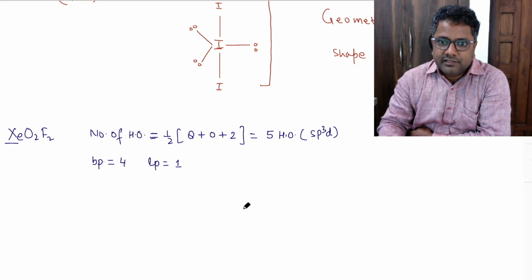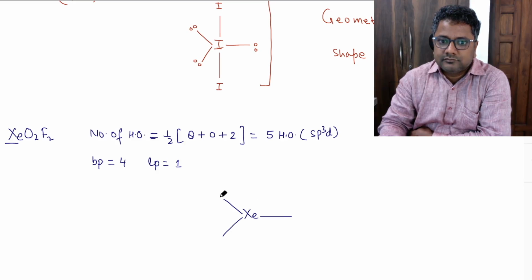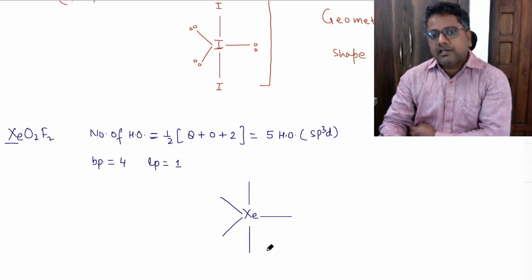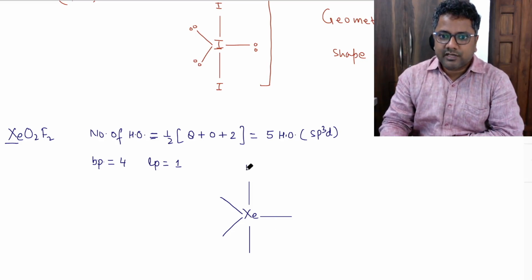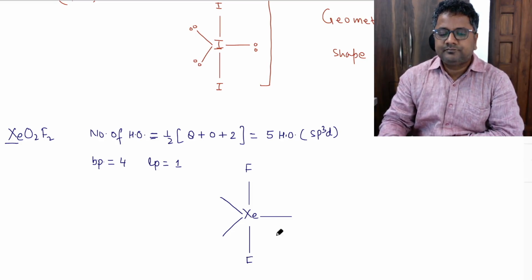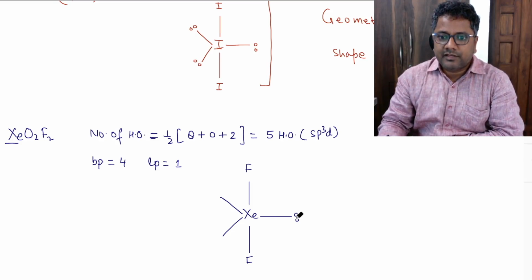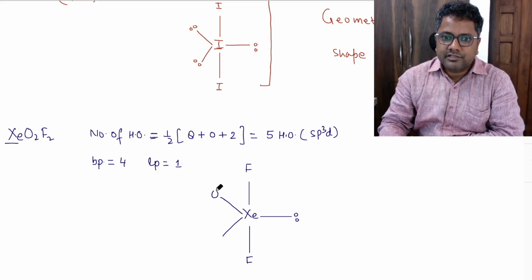So see, Xe. These are equatorial bonds, and this is the axial bond. So first you have to place fluorine at the axial. After that, 1 lone pair, and then oxygen.